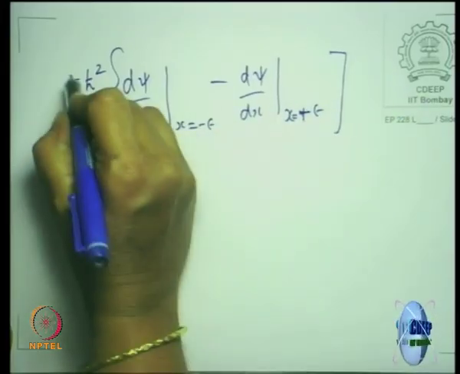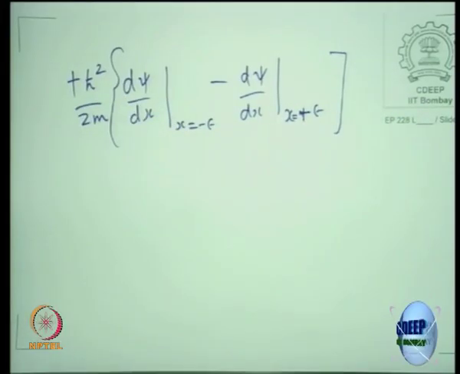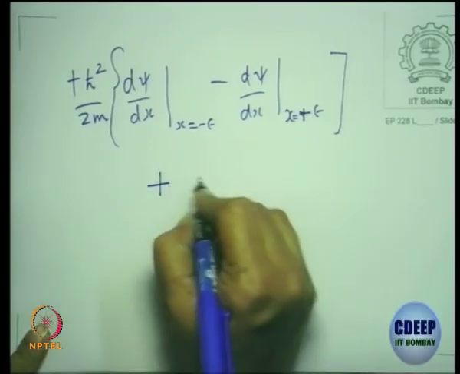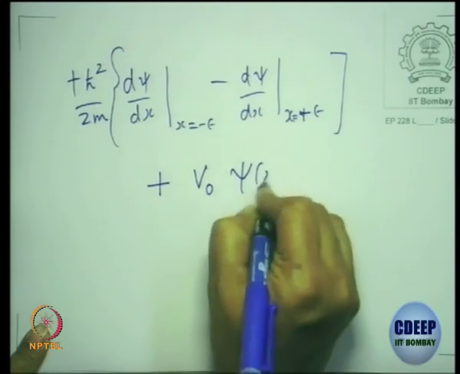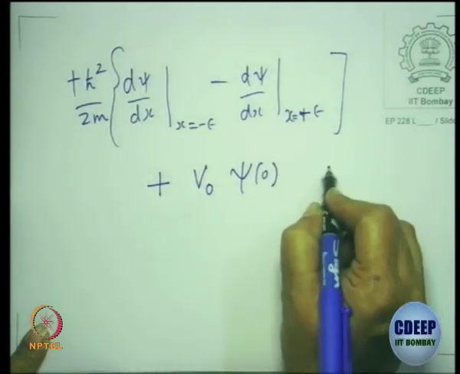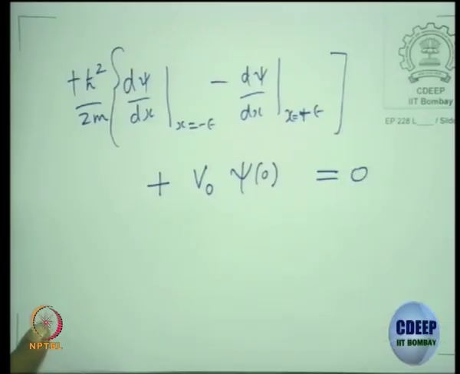So you can remove the minus sign and make it plus sign here. Okay, it will be plus V naught ψ(0) equal to 0.